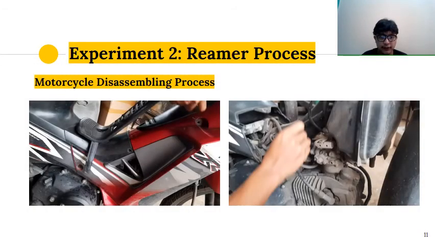As you can see from the video, this is how the motorcycle is disassembled. First, we remove the casing, and then we remove the carburetor inside the motorcycle.